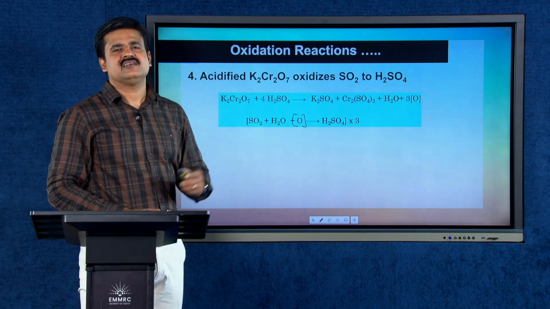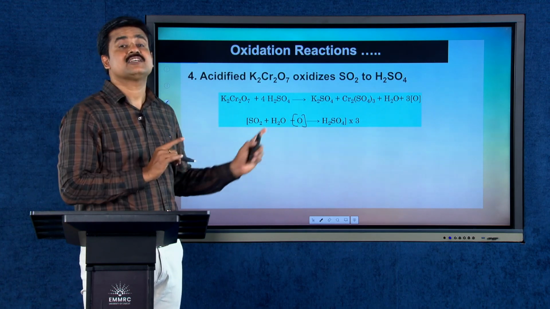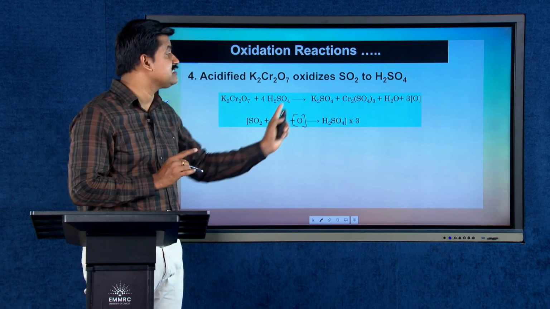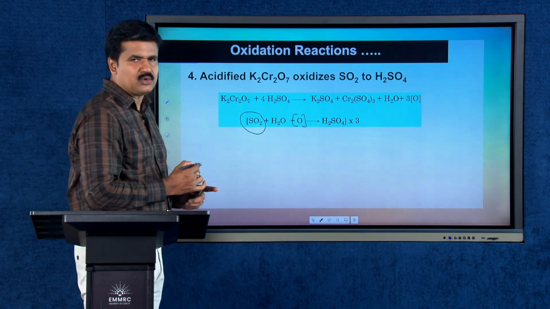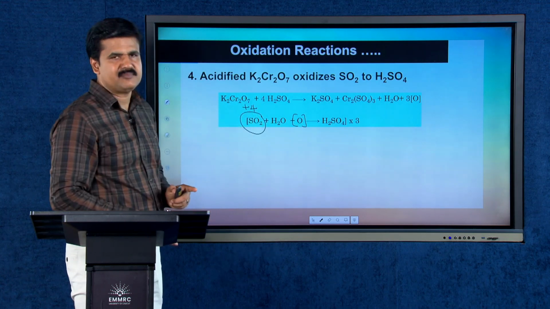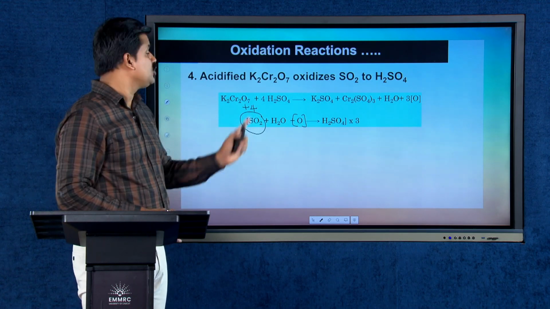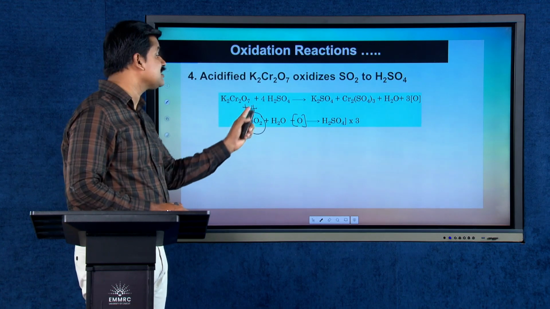How can you show that this reaction is an oxidation reaction? For that, you have to take the oxidation state of sulfur on LHS and RHS. Now, we can take the SO2 molecule. In SO2, the central atom sulfur is in +4 oxidation state, because oxygen is in -2 state. 2 oxygen atoms, -2 into 2, that is equal to -4, that is cancelled by +4 of sulfur.